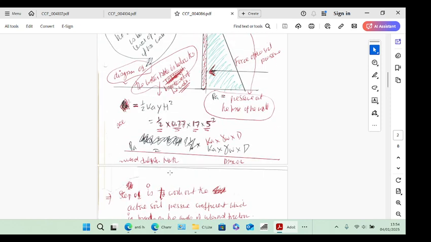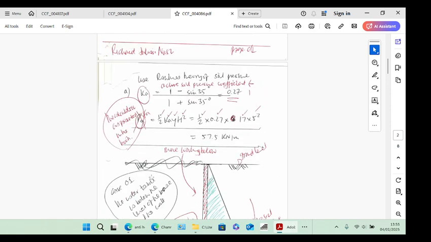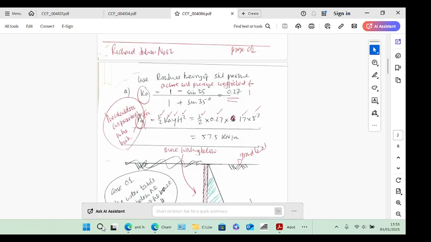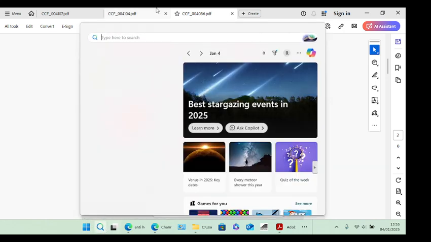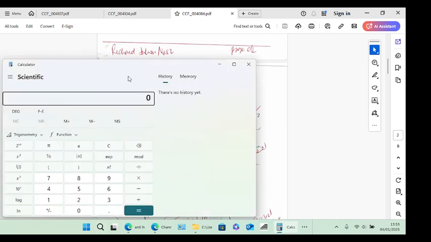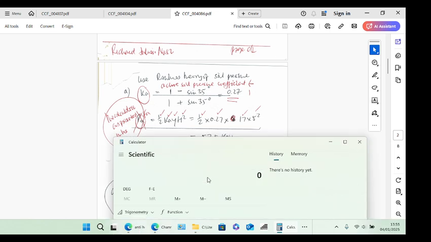So I agreed with him that it is 57.5 kilonewtons per meter. I just double-checked on the calculator.